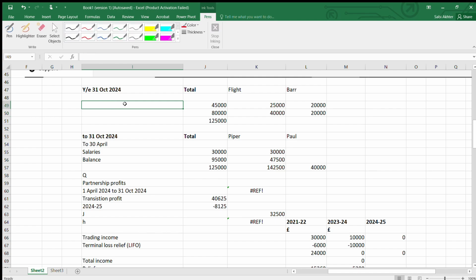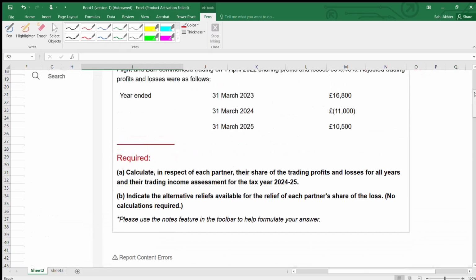Here it is 31st March 2023, this is 31st March 2024, and this is 31st March 2025. Done. So what is the total? 16,800.